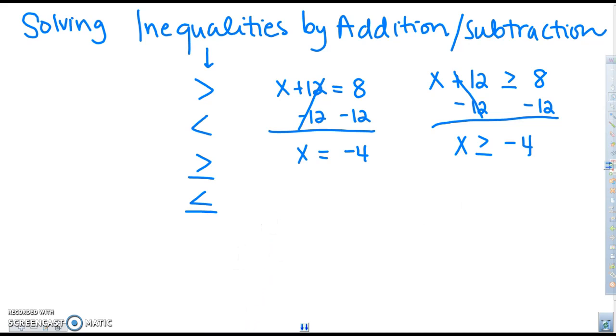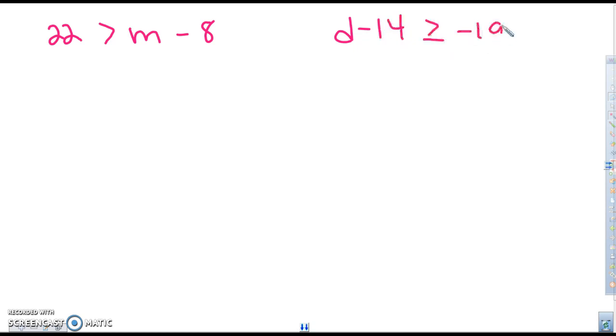So try these two on your own. The first one will be 22 is greater than m minus 8. In the second example, I'll do d minus 14 greater than or equal to -19.